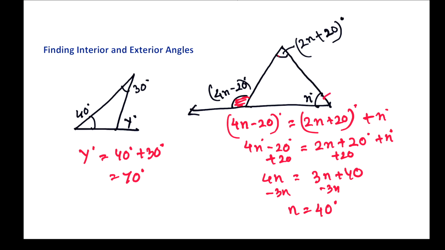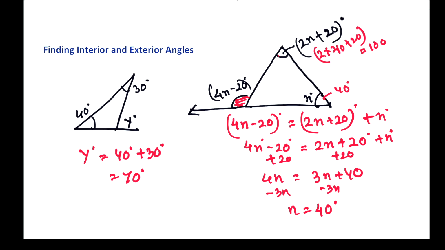So this angle is 40 degrees. Here, 2n plus 20 is 2 times 40 plus 20, which is 80 plus 20, which is 100. If our finding is right, the exterior angle is supposed to be 100 plus 40, which is 140.